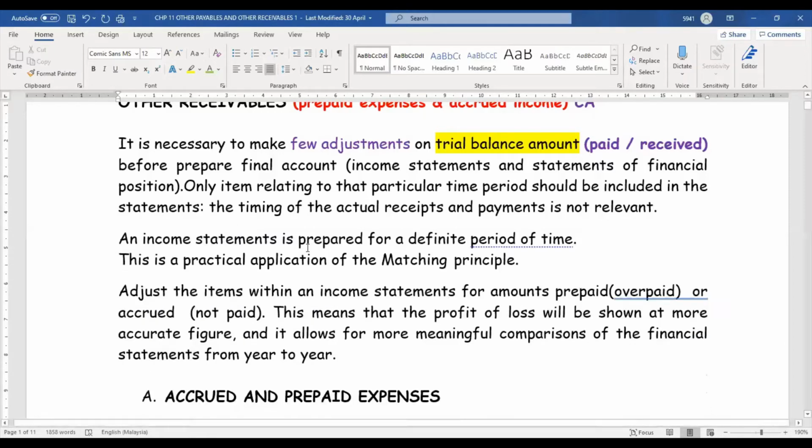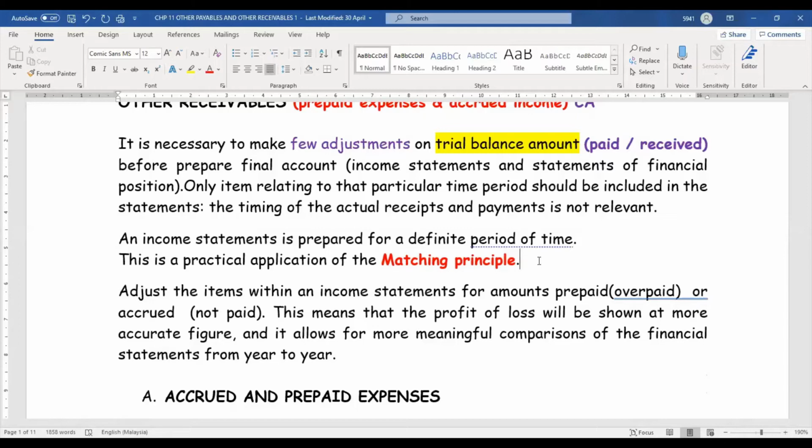It is a practical application of the matching principle. What is the matching principle? Matching principle is income for this year will match against expenses for this year.